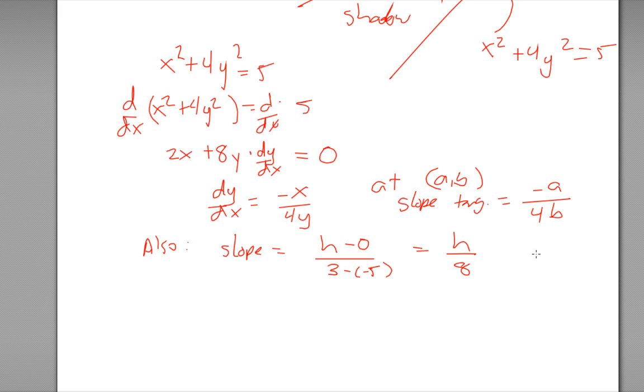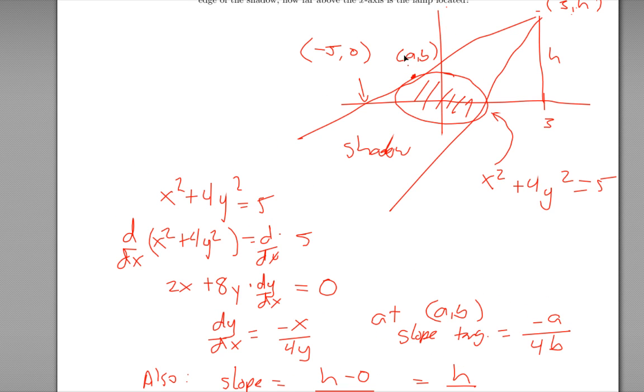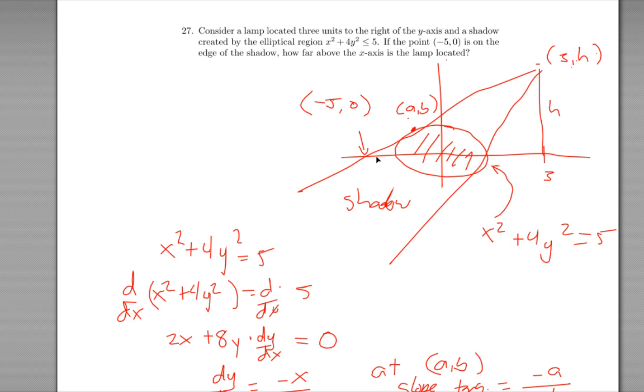So that slope also has to be the same as the slope of this line here, because it's all the same line. The slope of this big line going between this point at the lamp and this point here is equal to the slope of the tangent line, which we calculated, which is also equal to the slope of this little piece here. So we can do the same thing here.